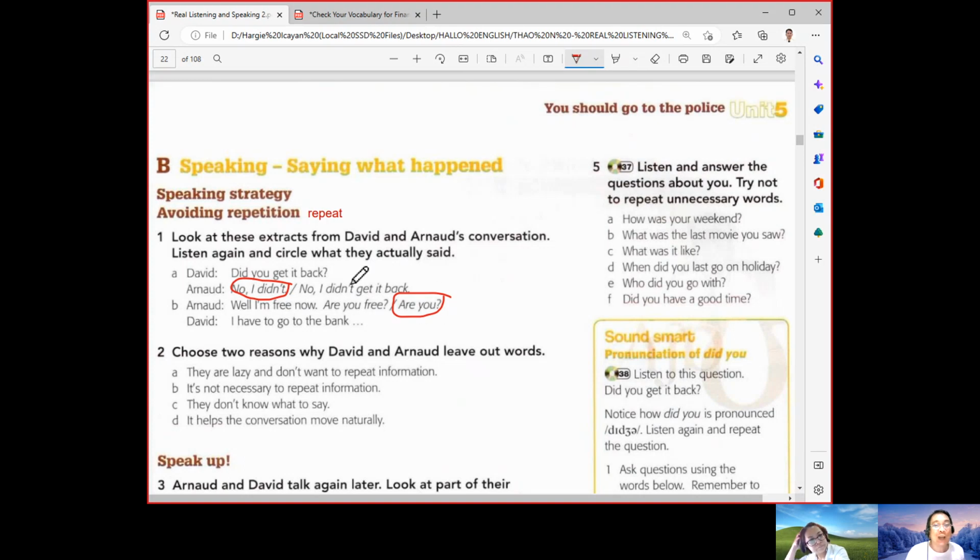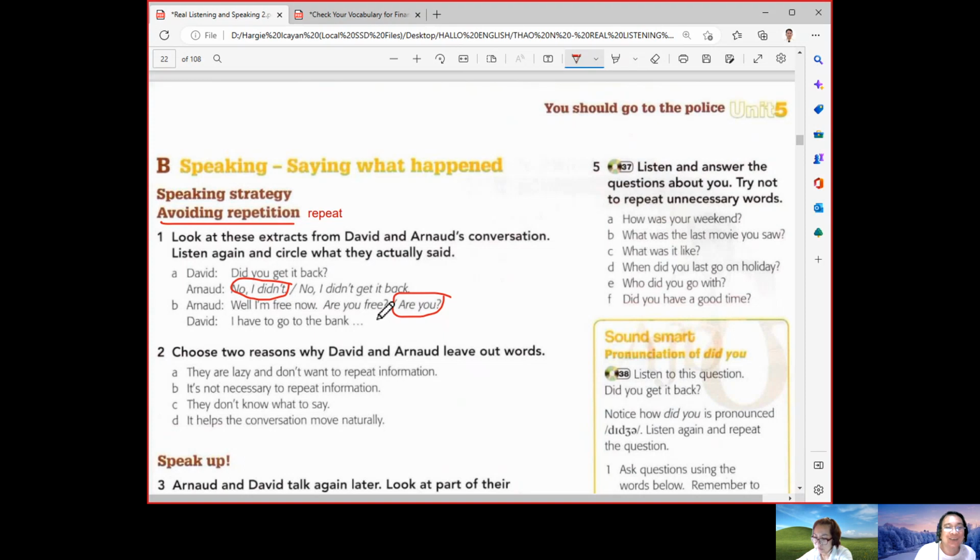So that's the reason why we avoid repetition. Because it's in there, right? Did you get it back? So no need to say, no, I didn't get it back. You just have to say, no, I didn't. Okay, next. Well, I'm free now. Are you free?